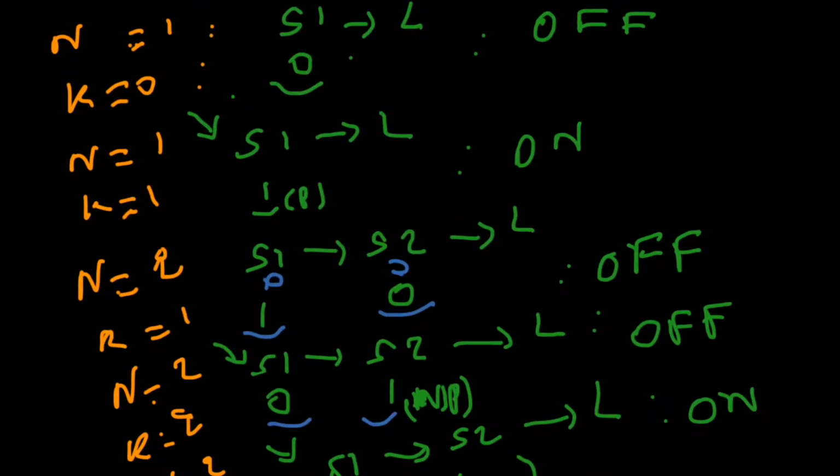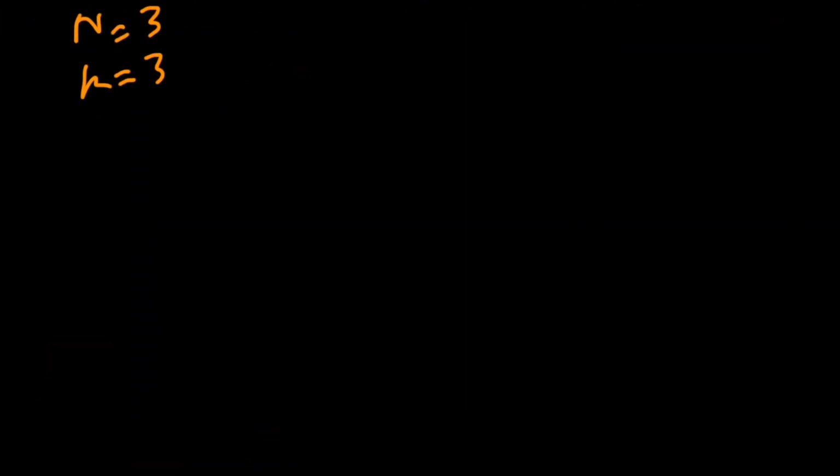Let's continue and see if this realization that we had here applies also for n equal to 3 and k equal to 3. So let's go here. Let's see step 1.